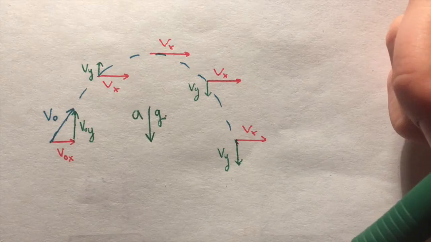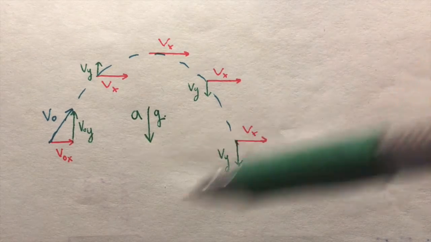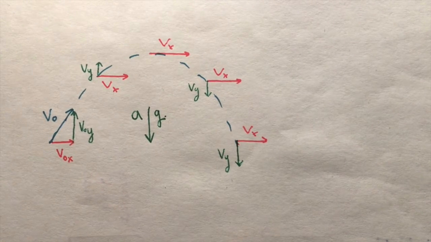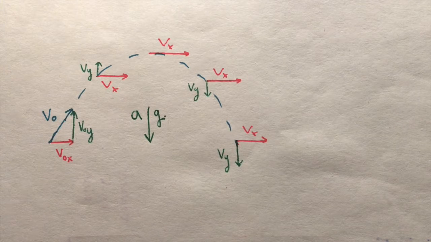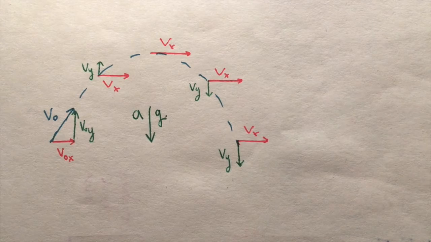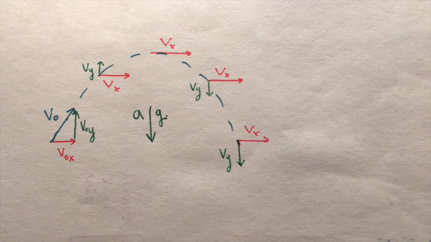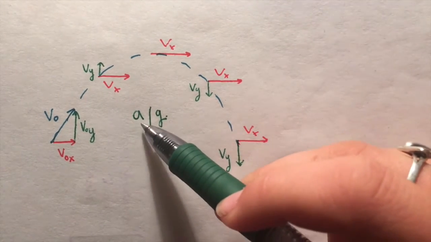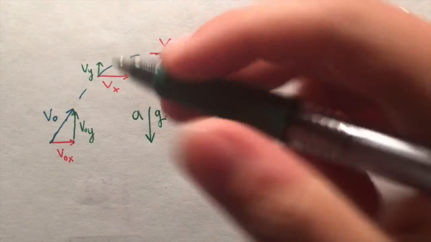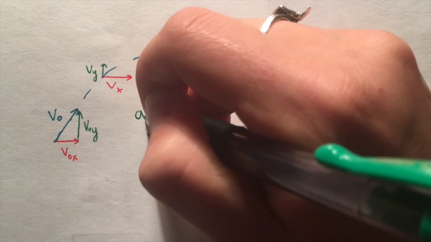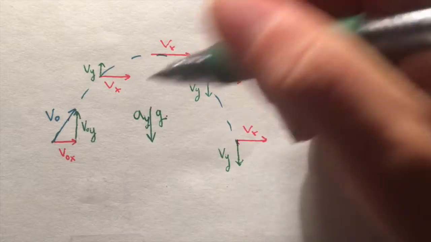I talked about this a lot in the first video. So if this doesn't make a lot of sense, watch the first video; it explains these arrows more. So the vertical component of the speed is changing as the object flies. That is caused by the acceleration due to gravity, which is pointed in the vertical direction, which is why it changes only the vertical component of the speed.